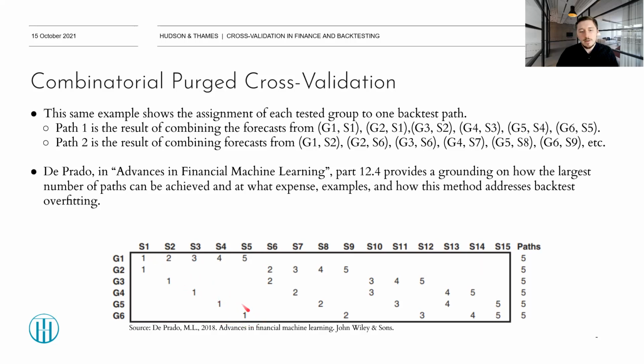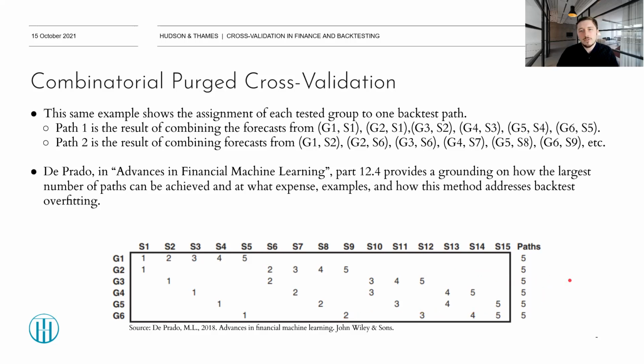This would mean that we already have one path of backtesting performance for the whole data set that we have. And path 2 would be G1 S2, G2 S6, G3 S6, G4 S7, G5 S8, and G6 S9. And here we have the second path of performance for each data point in our data set.